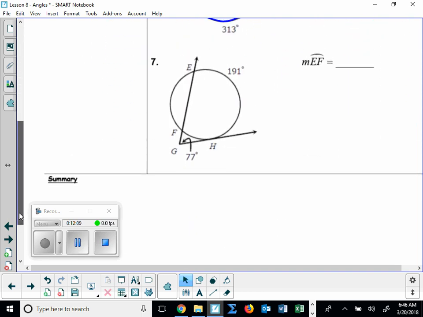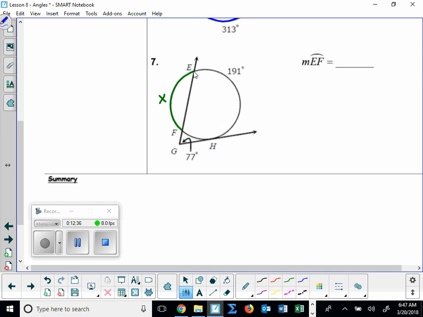This last one, we know the answer. We're trying to find one of the arcs. And they're asking for EF, which is interesting. Let's make that X. That's what we're trying to find. And we're missing FH.